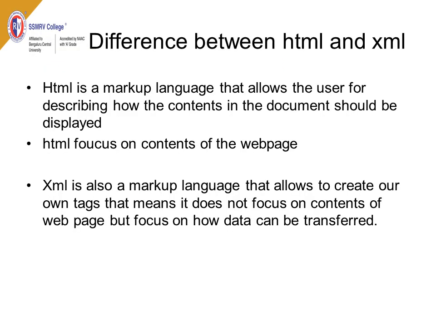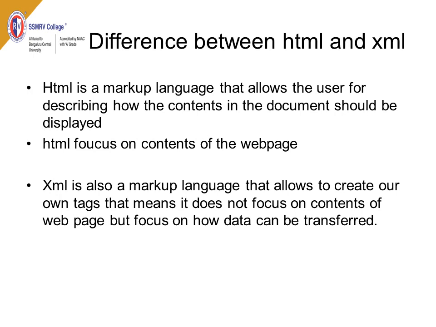Now let us see the difference between HTML and XML. We all know that HTML, hypertext markup language, is the language which is used to describe or design the contents of a web page, which can be seen or displayed in the browser.